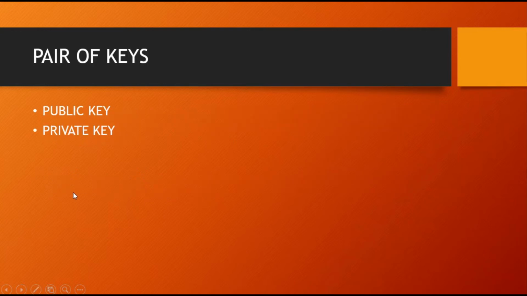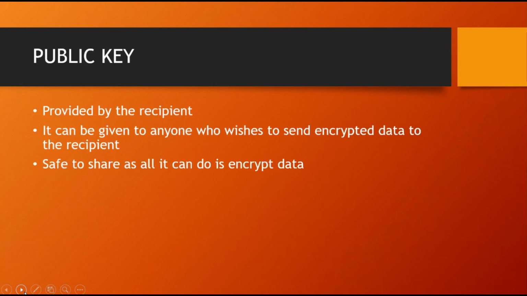There are two keys used in asymmetric encryption. One is known as a public key and the other one is known as a private key. What is a public key? It is provided by the recipient. It can be given to anyone who wishes to send encrypted data to the recipient. It is safe to share as all it can do is encrypt data.